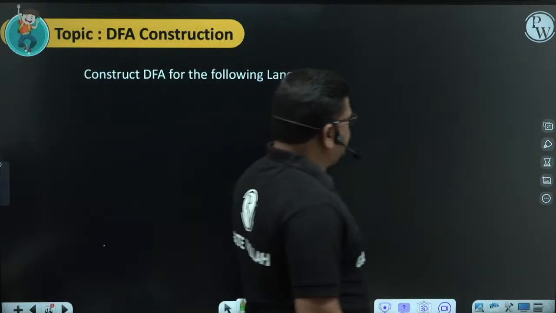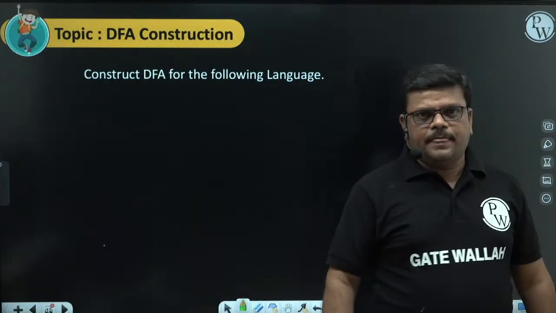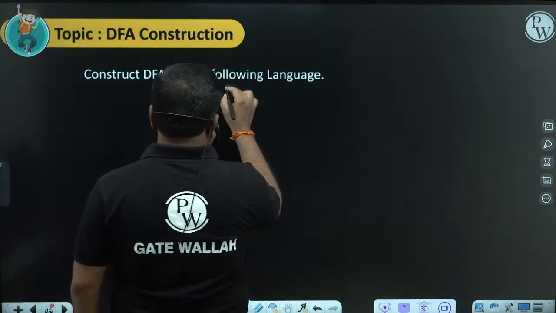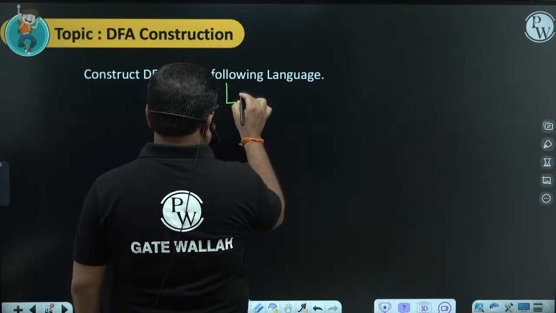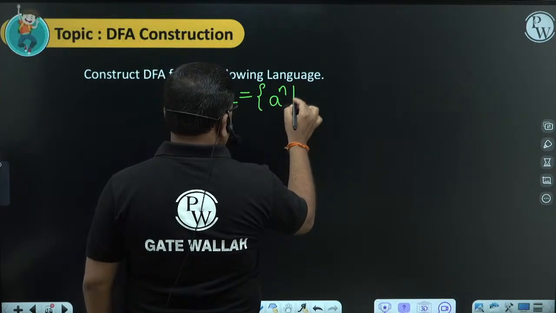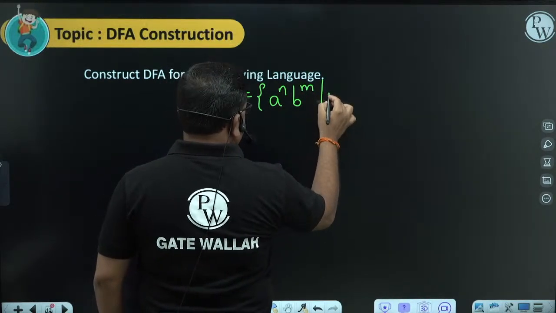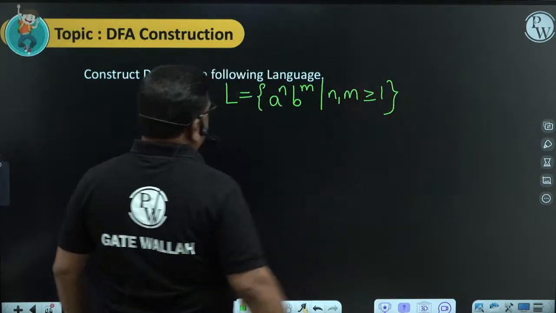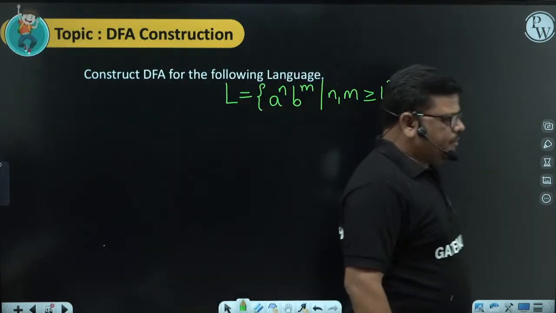Now I am going to give you a language. Construct a DFA for the language A power n, B power m, n comma m greater than or equal to 1.